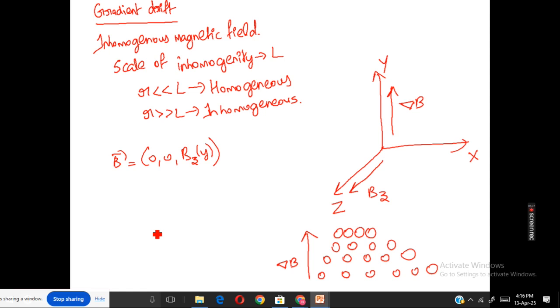The drift velocity due to the change in the magnetic field along the y direction is given by v del B equal to minus v perpendicular r_L by 2Bz into dou Bz by dou y, since it is changing along the y direction. And the direction of the movement of the particles will be along the x direction.